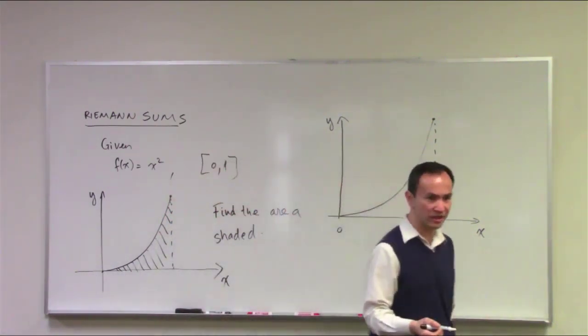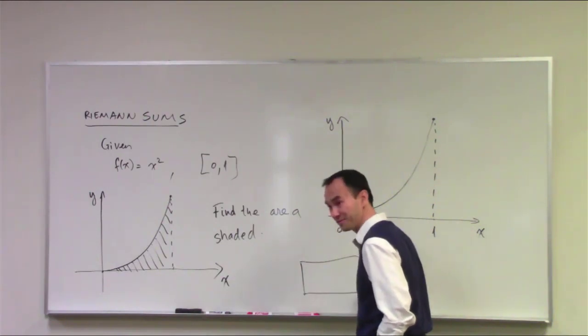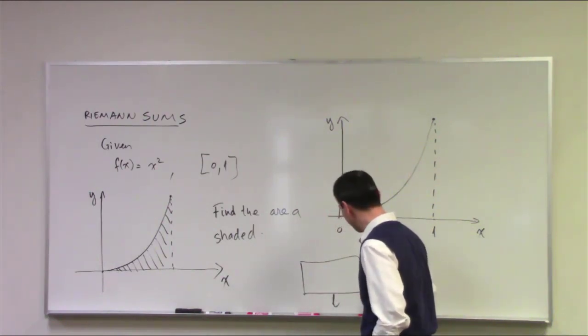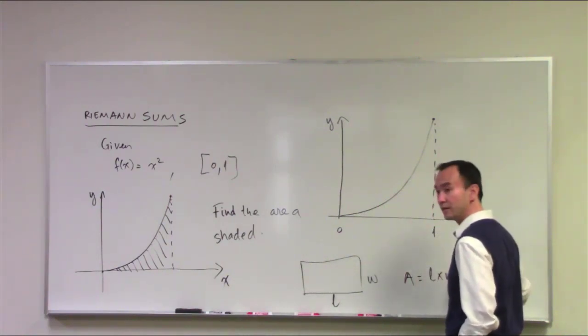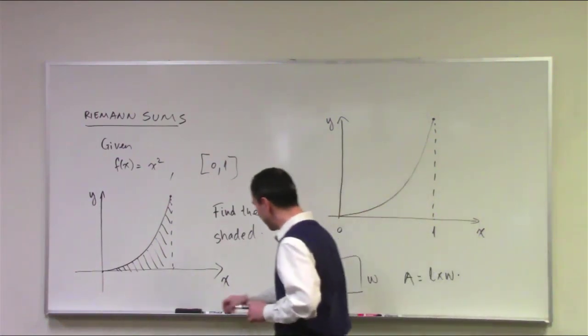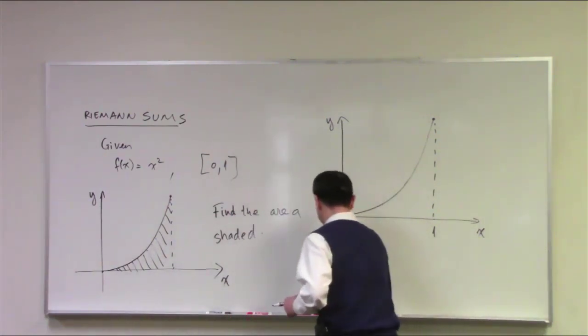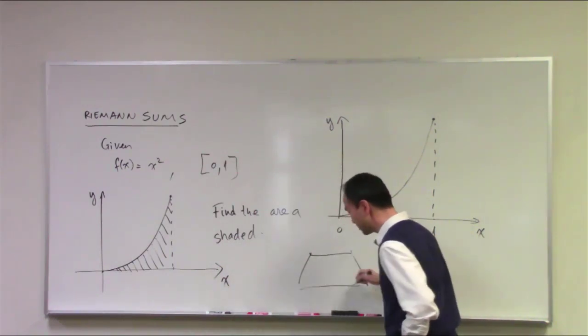Finding the area for a rectangle is easy, right? Length times width gets you the area. Nothing surprising about that. How about the area of this figure? You guys still remember this kind of figure?